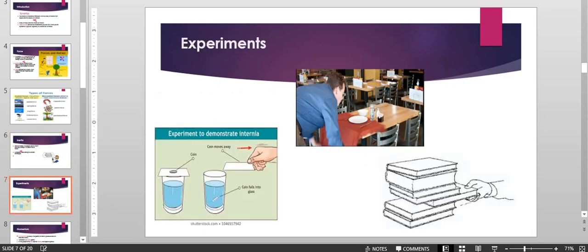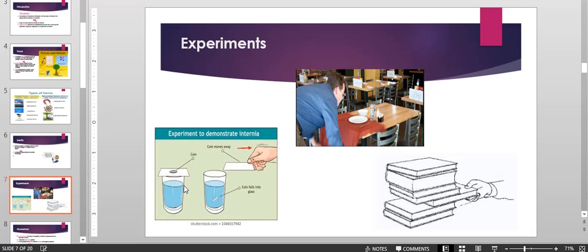Let's discuss some of the experiments that can prove this property of objects. You can also do these experiments at your home. In first example, place a paper with a coin on it onto a filled glass.